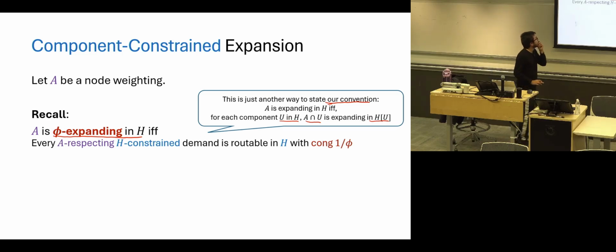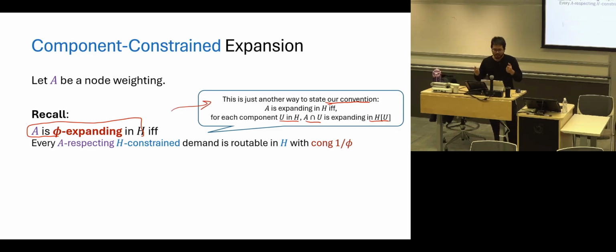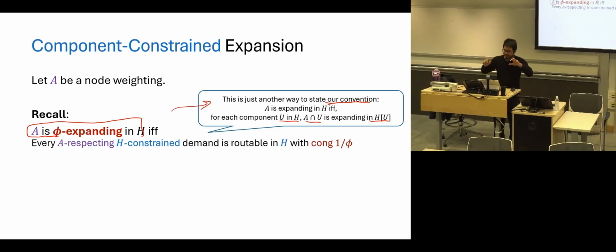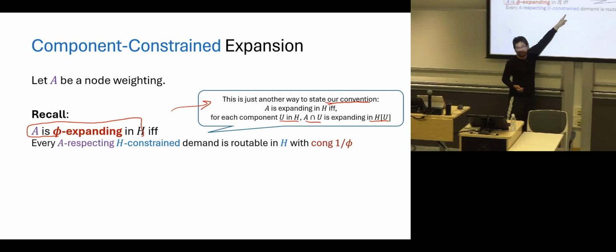Okay. So you see that when we say that A is expanding in H, our convention is just to say that for each component of H, A is expanding inside that. Now we can formalize it with this word.